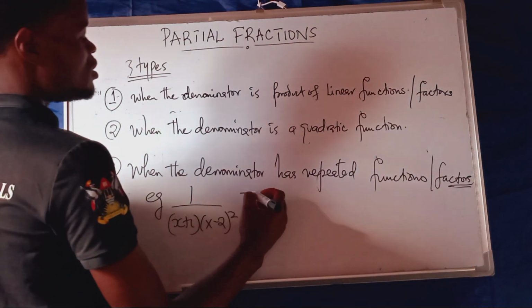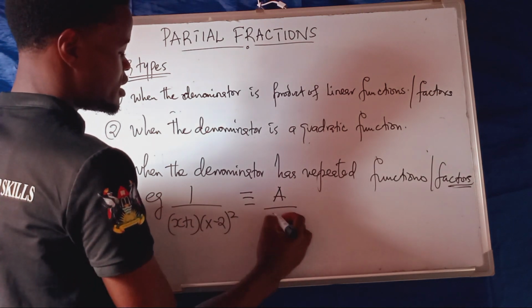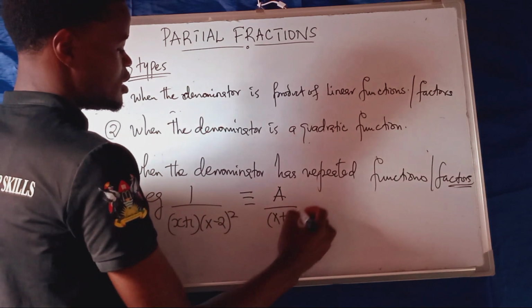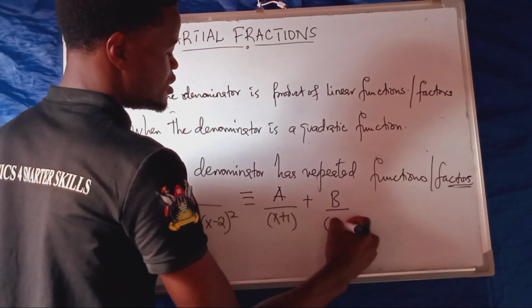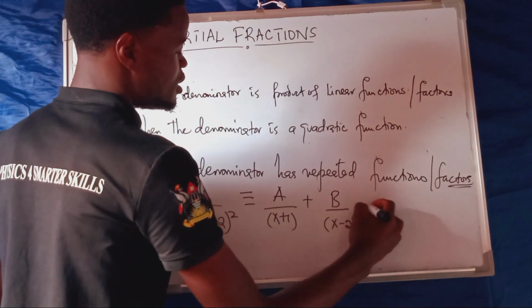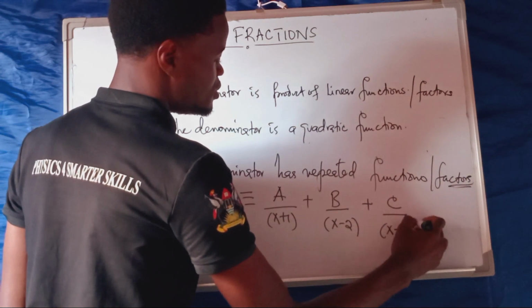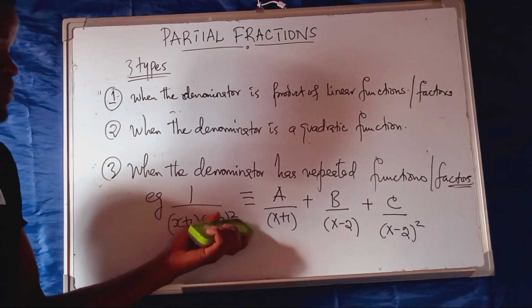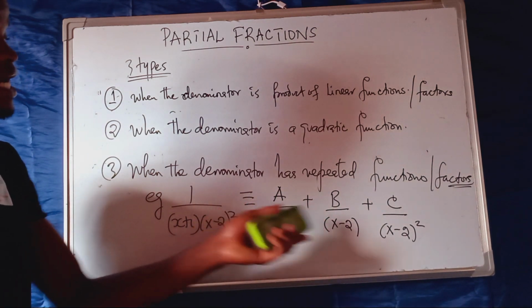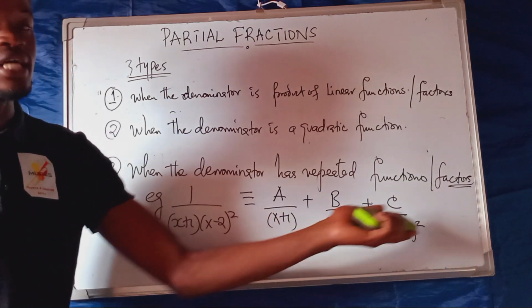So we solve this by equating it to a out of x plus 1, then plus b out of x minus 2, then plus c out of x minus 2 squared, like that. If this one was repeated 3 times, we could add a d, like in that order.